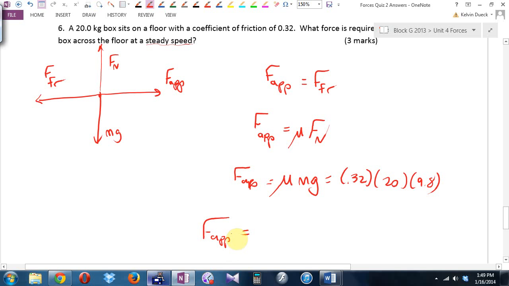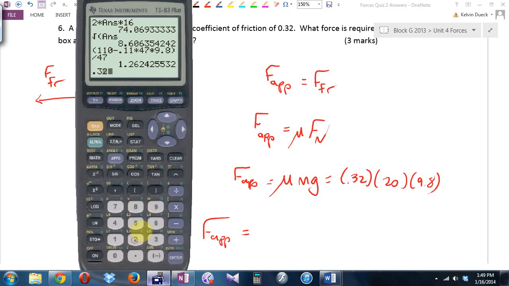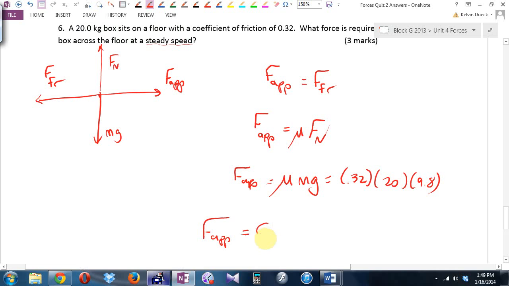What force would you need to keep this guy going at a constant speed? 0.32 times 20 times 9.8. 62.72. 62.7 or 63, and it's a force.